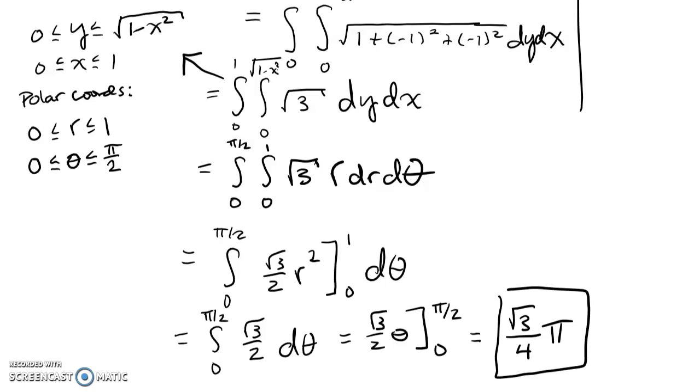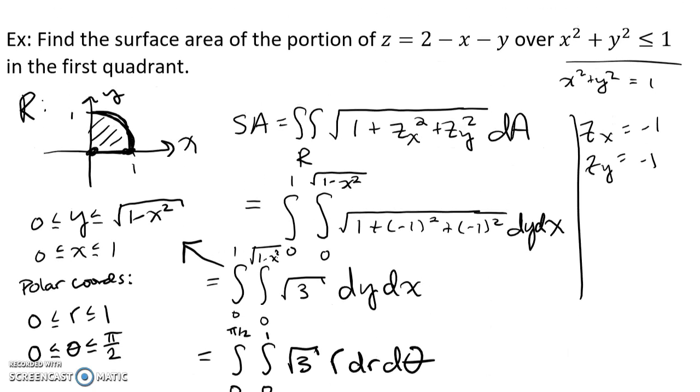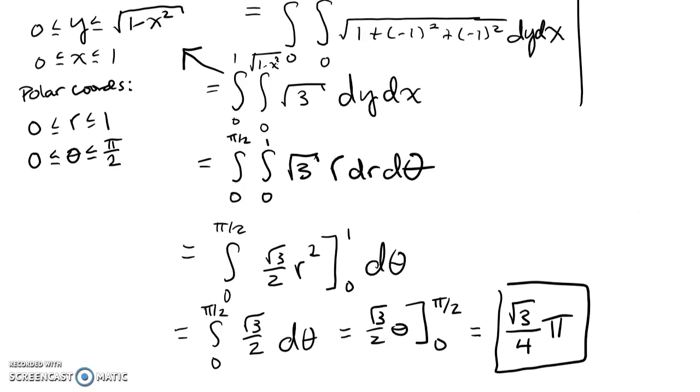So our final answer is square root 3 over 4 pi. That's the surface area of our portion of z equals 2 minus x minus y over this circular domain region. Notice this is actually a portion of a plane that we're taking a look at. So that's our answer for that one: square root 3 over 4 pi.